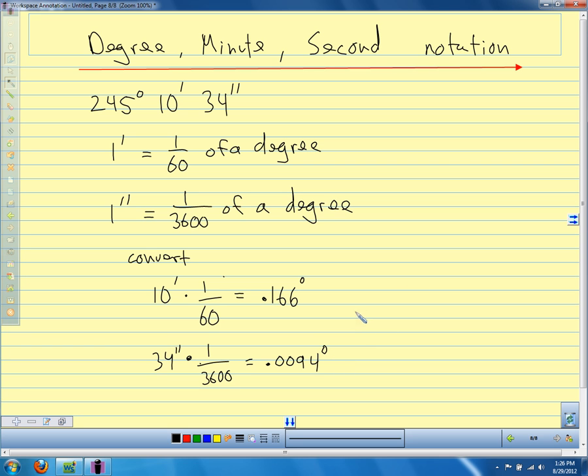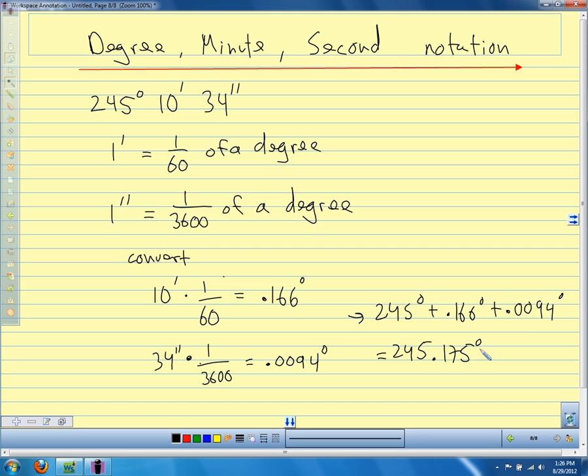So we would have 245 degrees plus 0.166 degrees plus 0.0094 degrees. So that would equal 245.175 degrees.